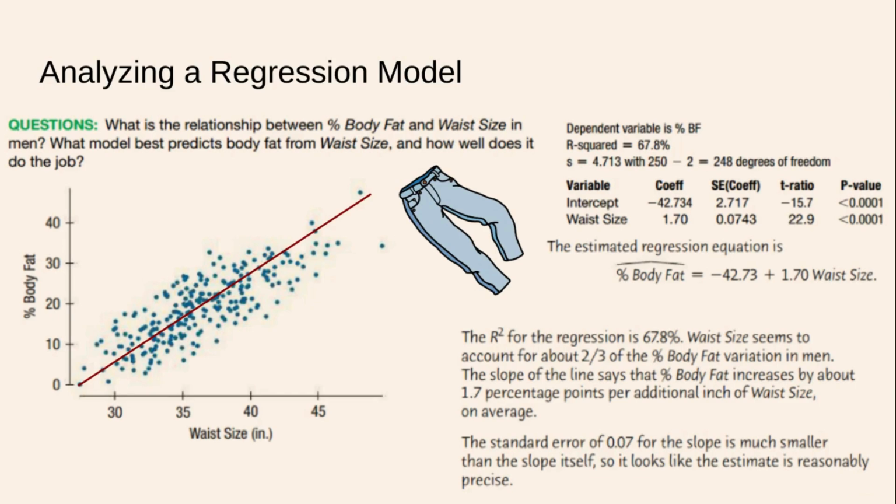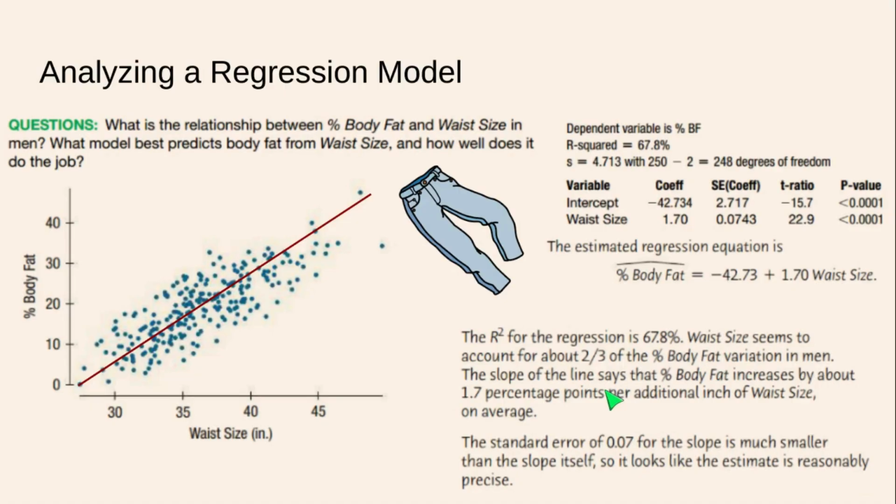That means that 67.8% of the variation in body fat percent is due to the variation of waist size. And the other part of 100%, I guess that would be 32.2% of the body fat percent variation may be due to other factors or is just due to chance.